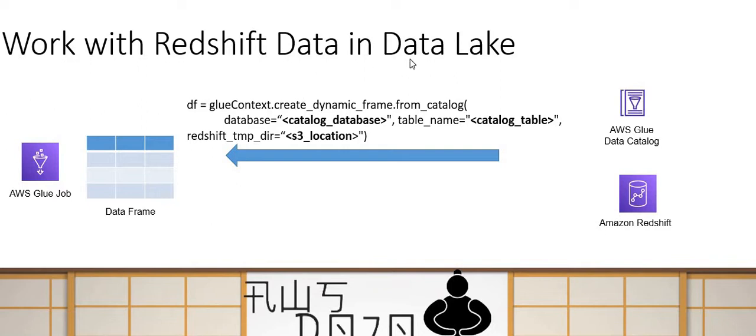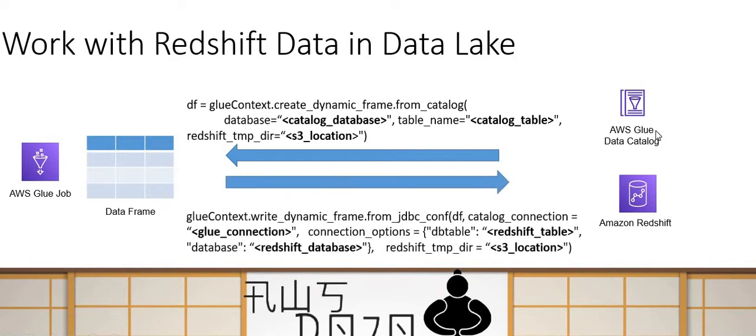So again, you can see here, I don't need to worry about my Redshift cluster name, table, what the login name is, what the password is. I don't need to worry about any such thing. I can simply mention my catalog database name, catalog table name, and the sync location, and then I can simply read data from this Redshift database table using catalog.